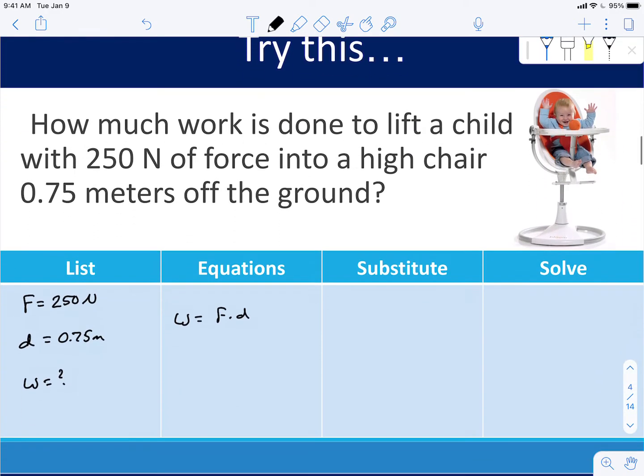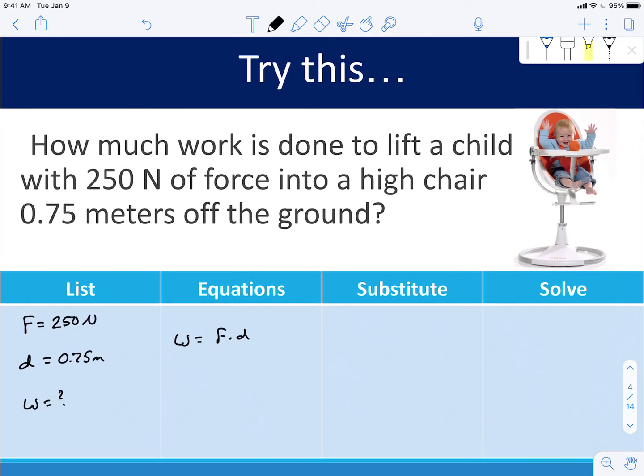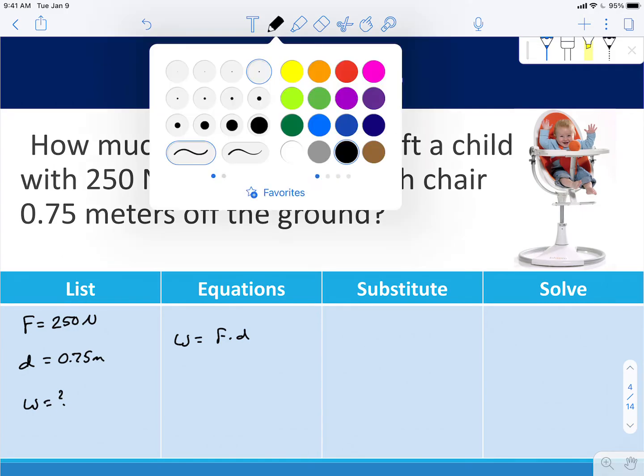So when we're taking a look at a problem, like maybe there's a child in a chair and lifted out of the chair, there is an amount of force that's applied to the child to lift that child up, and they're going to move a certain distance. If we know those two quantities, we can calculate work, and we will just look at that equation. Work is force times distance, plugging those numbers in.